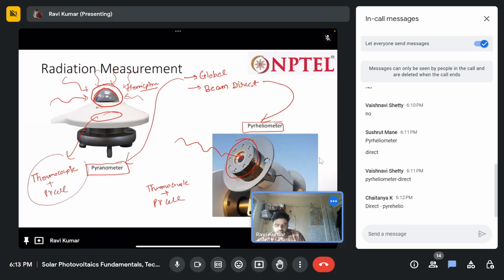The combination of thermocouple and PV cell measures the amount of radiation present in the atmosphere. I just took these to let you know what devices we use for radiation measurement. Any doubt here? No. Okay.